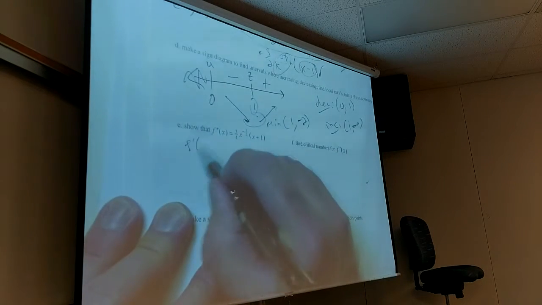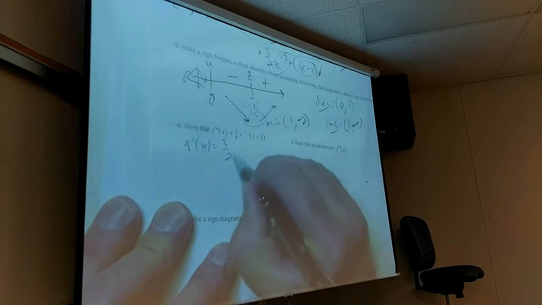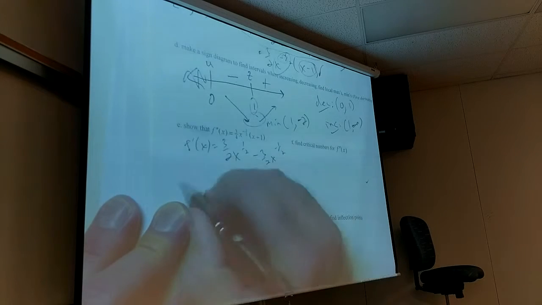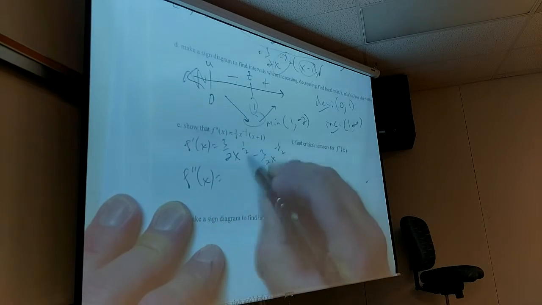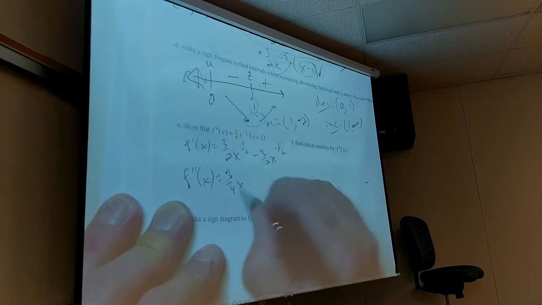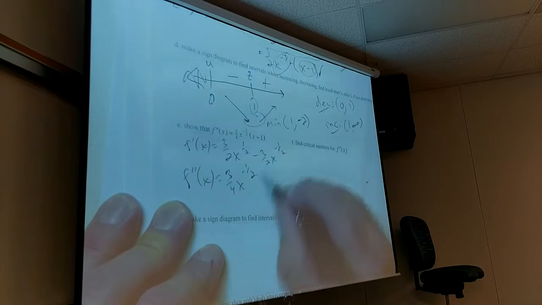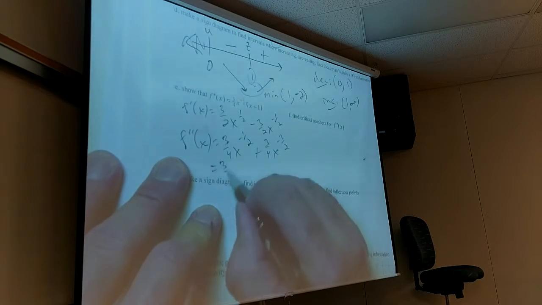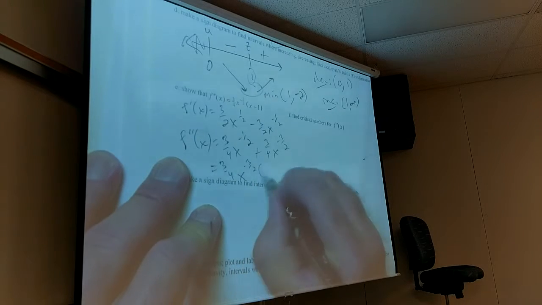So if I put down here f prime, and then f double prime, 1/2 comes down, negative 1/2 comes down. The smaller power is the negative 3/2. So I'm going to take out 3/4 x to the negative 3/2.